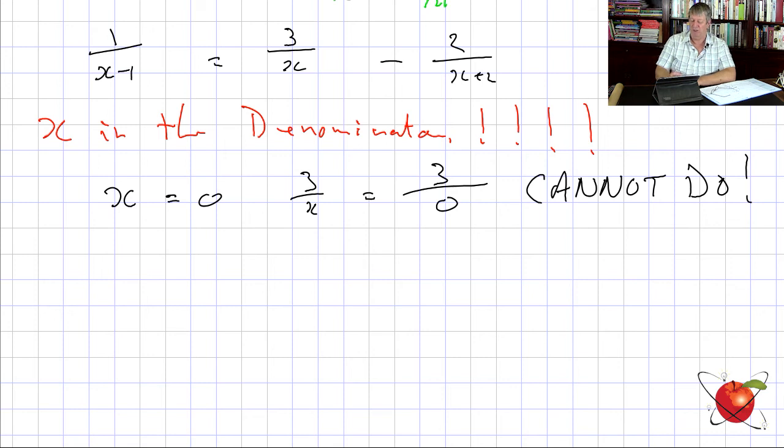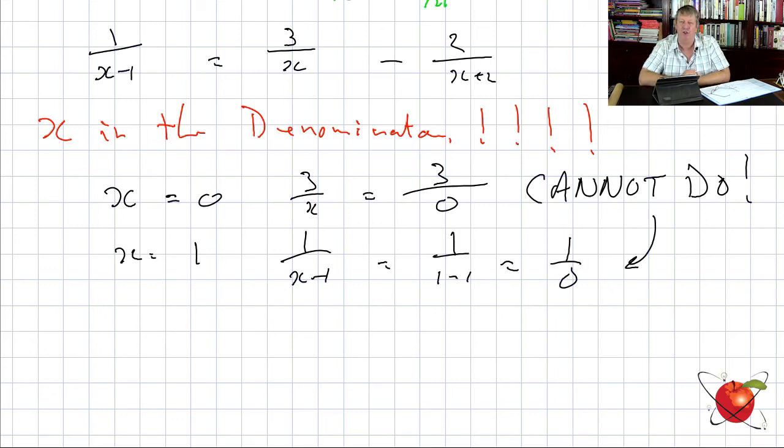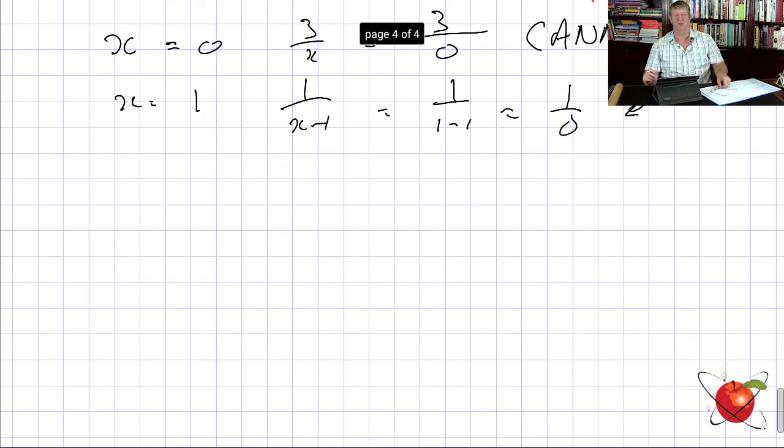For example, what if we got x equal to 1 as an answer? Look at the top, 1 over x minus 1, which means 1 over 1 minus 1, which is 1 over 0. Once again, we can't do it, all right? That means that when we get to that point, we introduce the concept of restrictions.